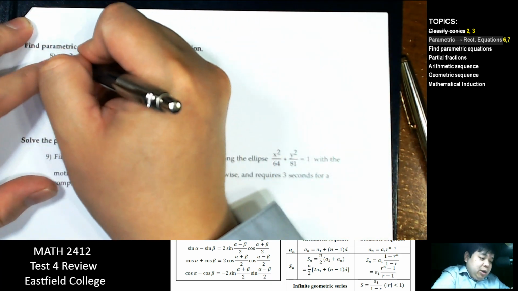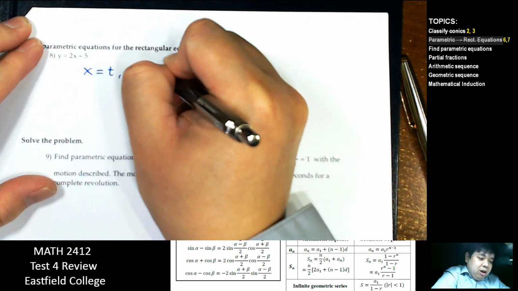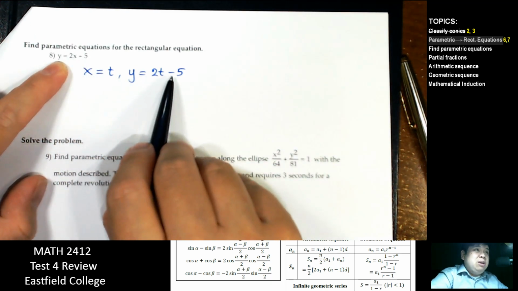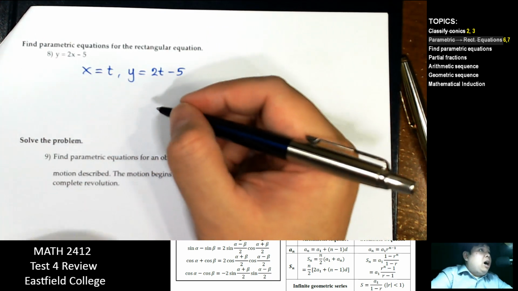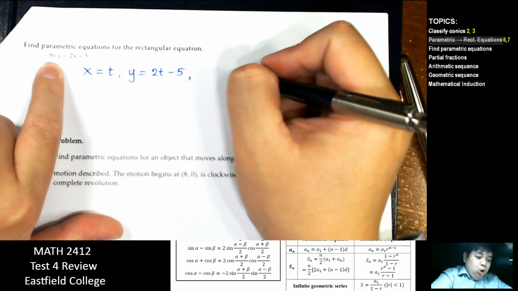For this one, if we let x equal to t, then y equal to 2t minus 5. This is almost still easy, because when x equal to t, y is 2t minus 5, just like that. The only thing we need to specify is the domain for t.